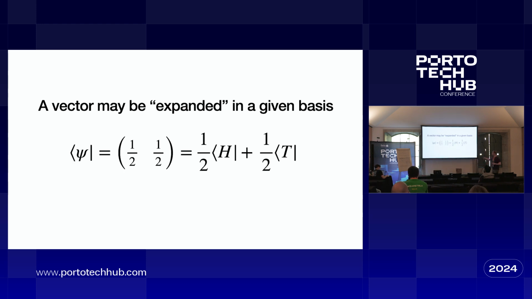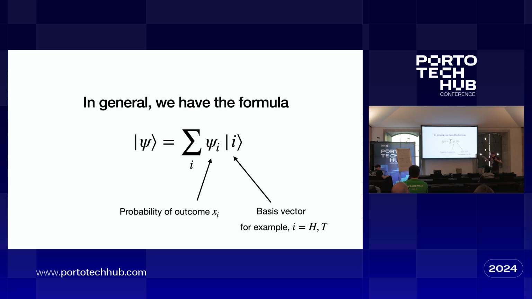We can do the same thing with bras, and it looks the same. We just have bras there instead of kets. We're not going to write it like this very often. In full generality, we have a formula like this. It says any arbitrary ket can be written as a sum over the basis states. In this case, our basis states or our outcomes are H and T, heads and tails, of some number labeled by the basis state, times a basis vector.